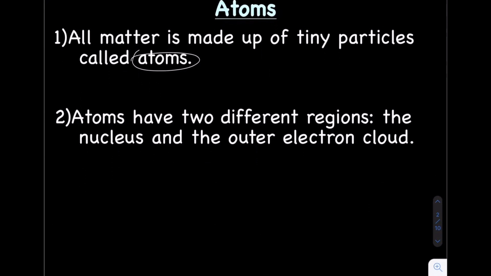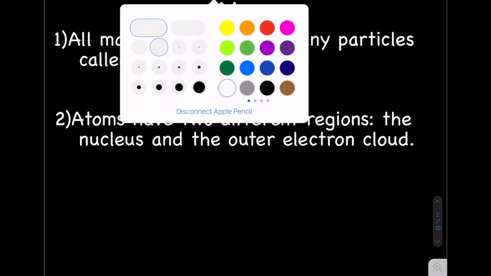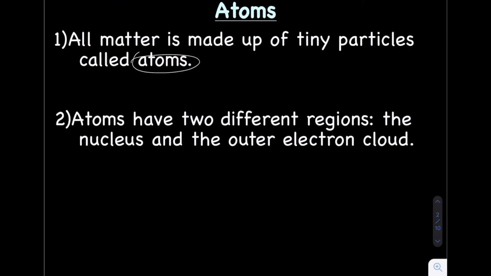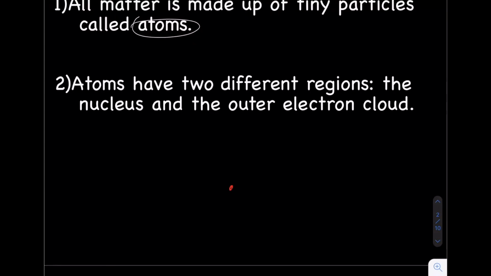And atoms have two different regions, the nucleus and the electron cloud. So I'm going to draw a really ugly picture of a nucleus and electron cloud. This little tiny dot right there, that little red dot, represents the nucleus.